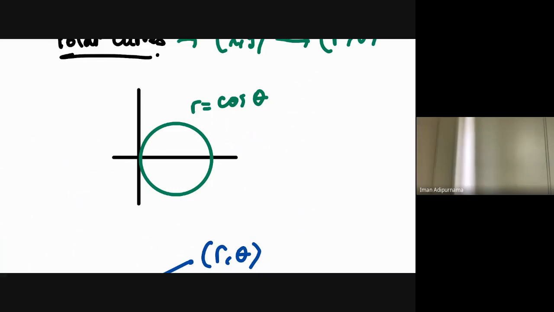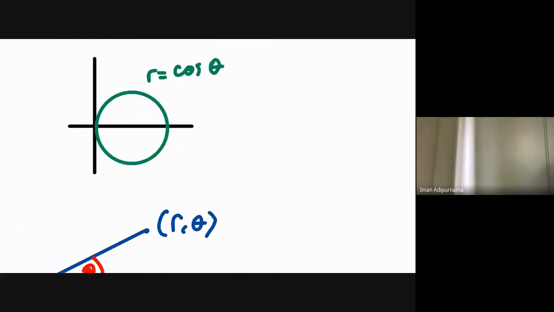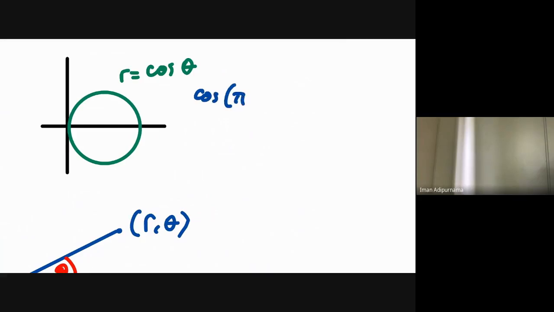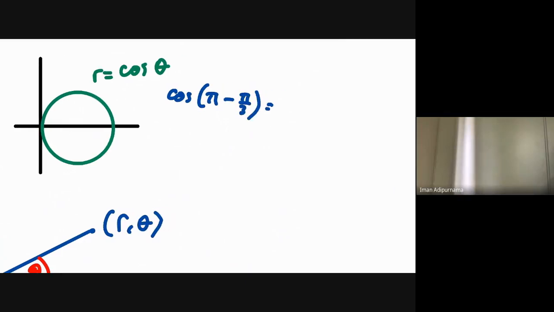And then increasing past pi over 2, what will it be? Let me write cos of pi minus pi over 3. This should be half. I want to move to here.